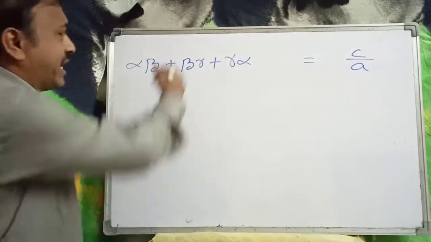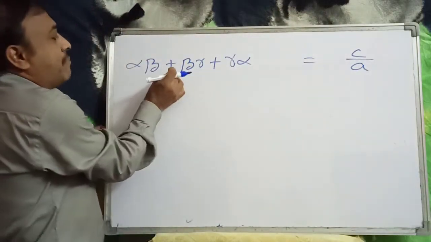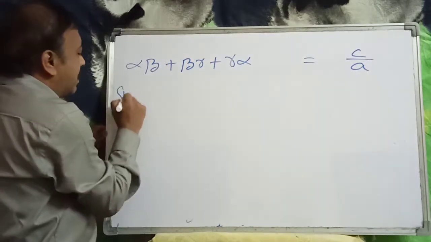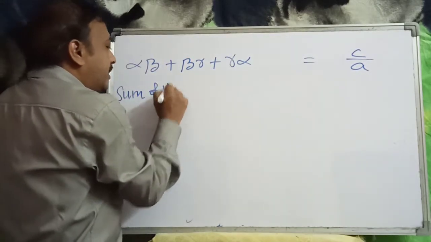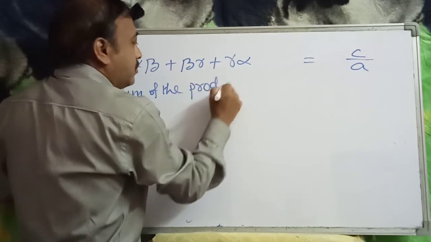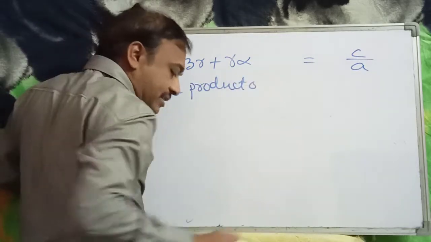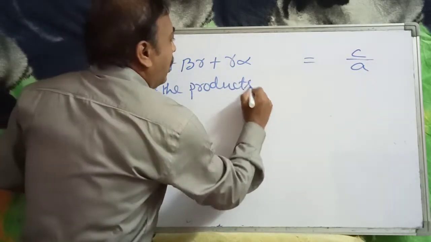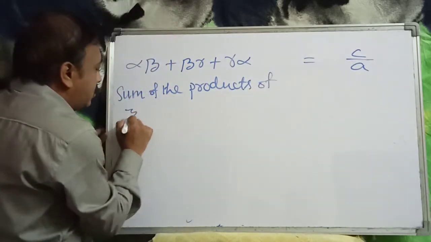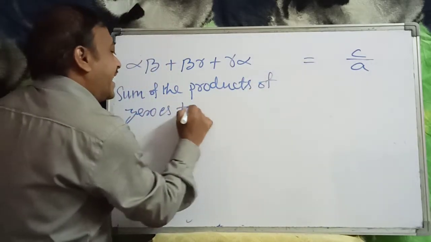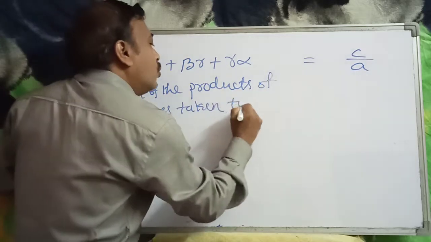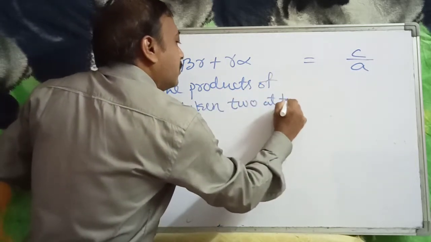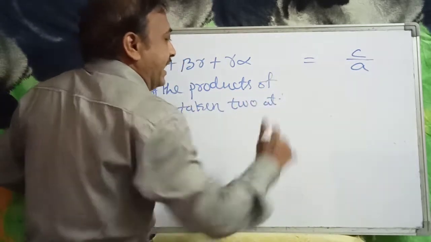Now in words, what can you write this as? Sum of the products of zeros taken two at a time.